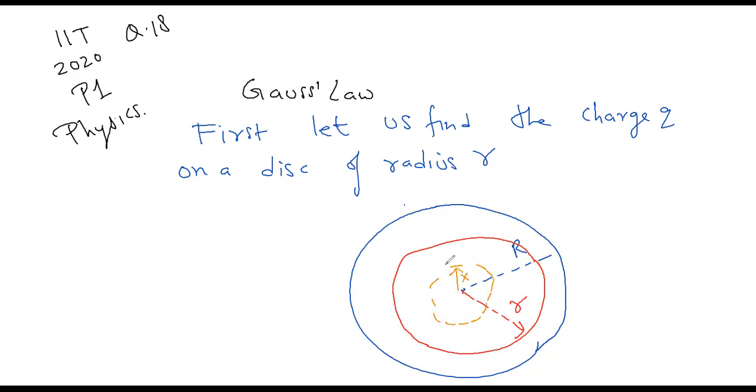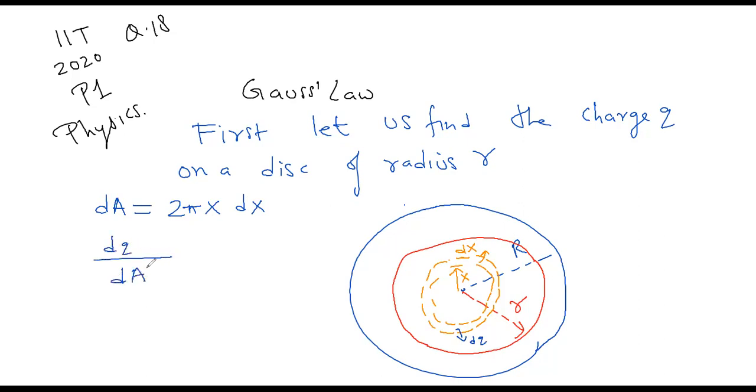whose radius is x, and let the thickness of the disk be equal to dx. So the area of this strip is 2 pi x dx, and let the charge on this strip be dq.